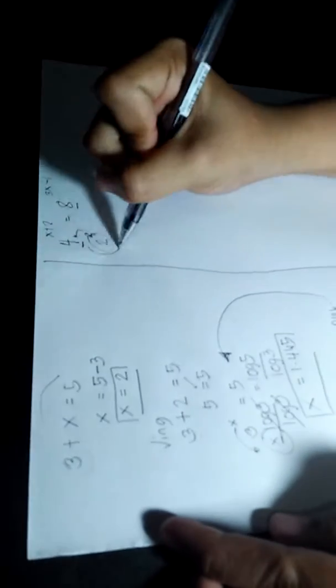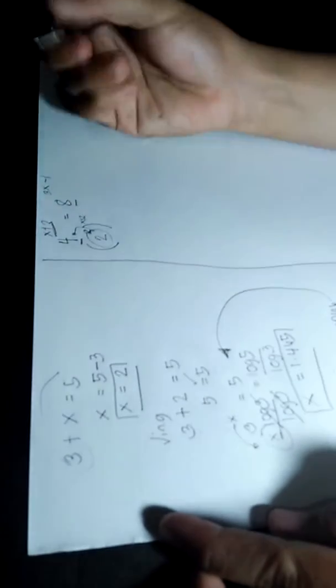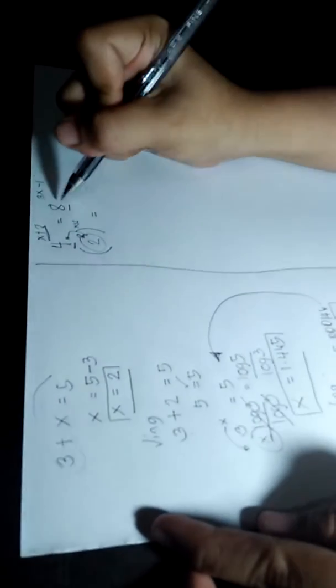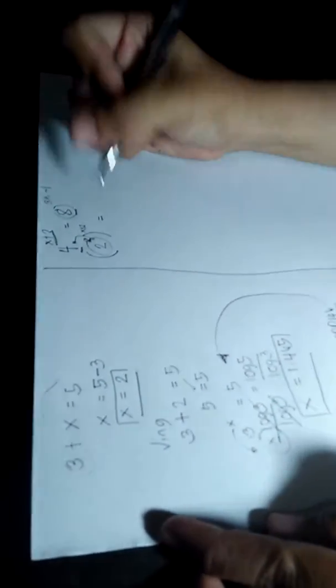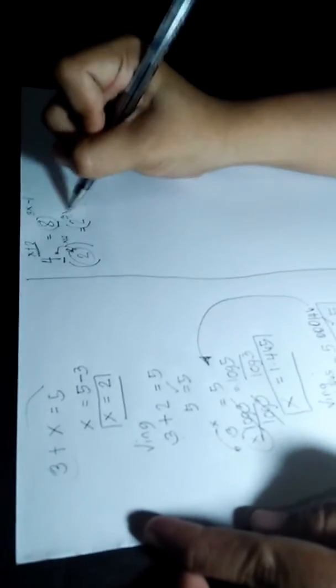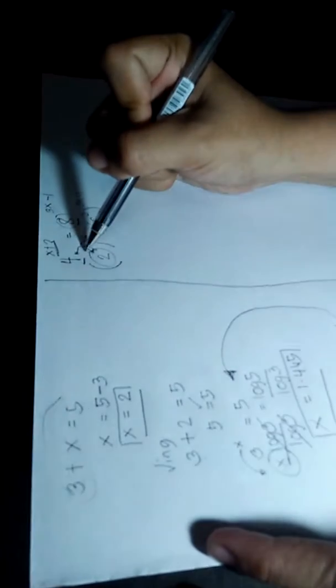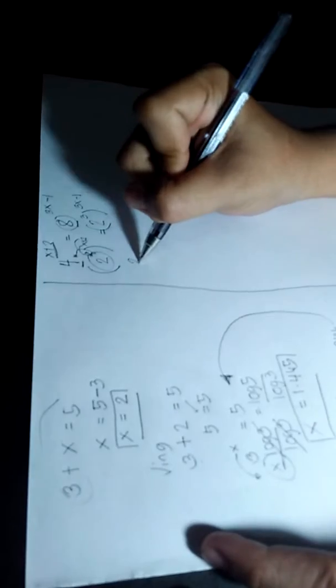Okay? Then open and close parentheses, copy the exponent x plus 2. Then again, how many 2s are we going to use in order to get 8? So we have 2 raised to 3. Then copy the exponent 3x minus 1. The next thing we are going to do is multiply the number inside by the number outside, the exponent.